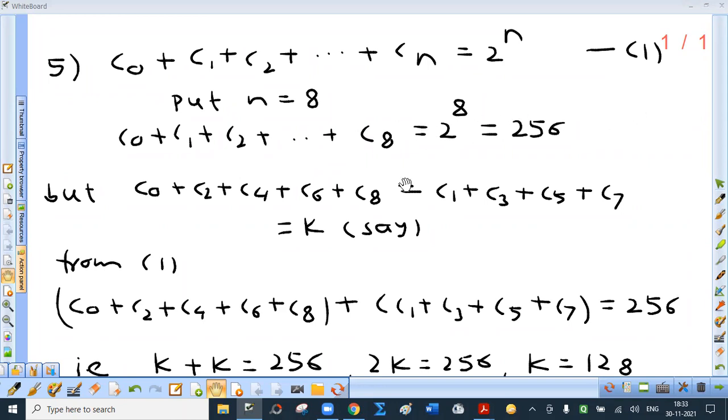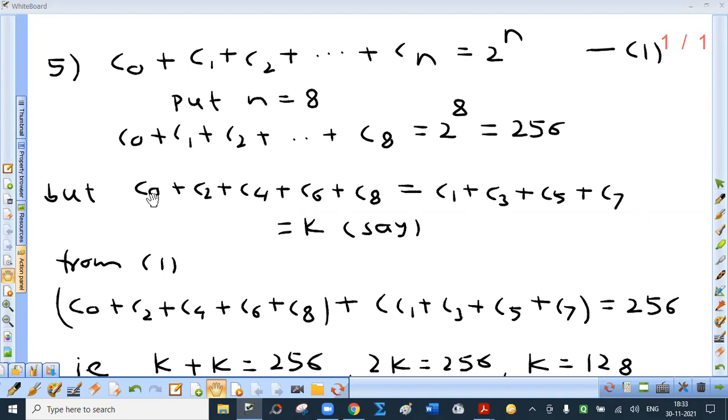See, if this is asked only for 1 mark, we can directly use the result. But if asked for 2 to 3 marks, it is better that we actually prove this. See, first part we need not prove. We directly use that sum of all binomial coefficients of order n is this. Now put n equal to 8. So C0 plus C1 plus C2 up to C8 is 2 raised to 8, that is 256.